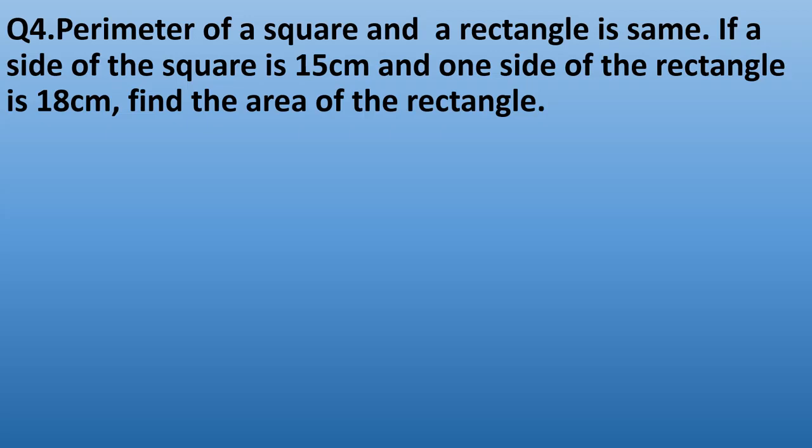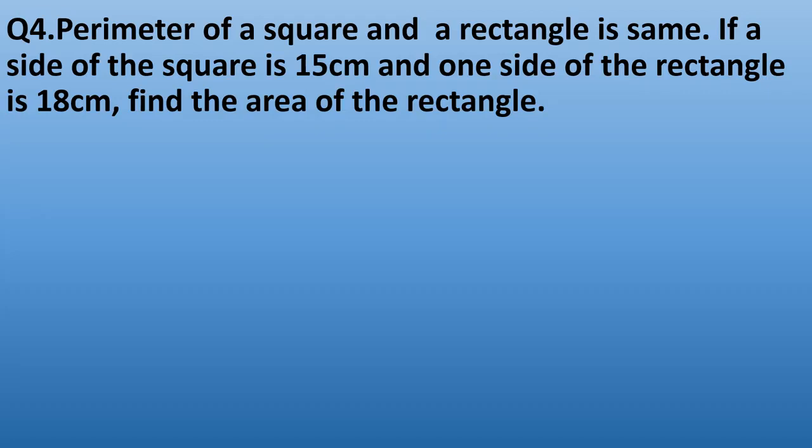Now see the next question, question number 4. The perimeter of a square and a rectangle is the same. If a side of the square is 15 centimeter and one side of the rectangle is 18 centimeter, find the area of the rectangle. What is given in the question?